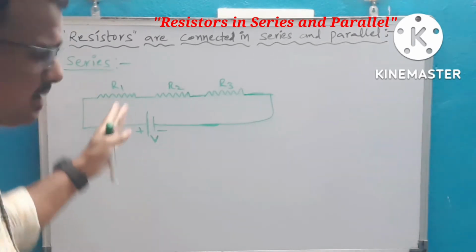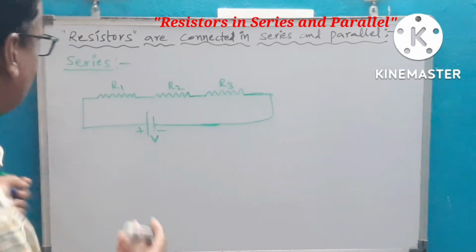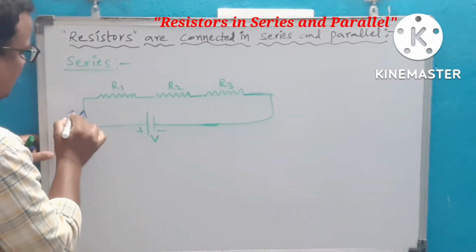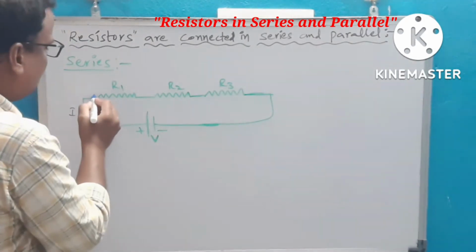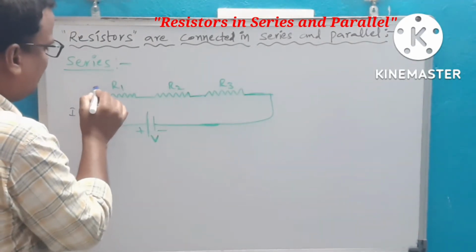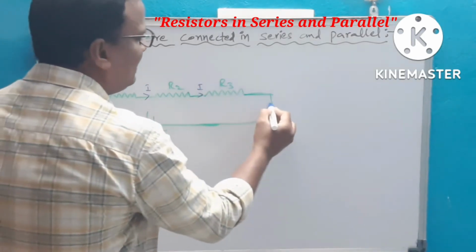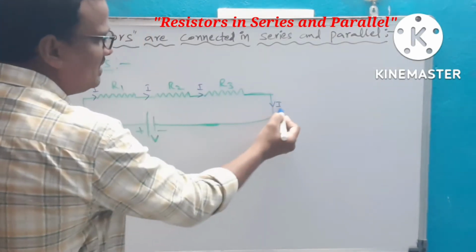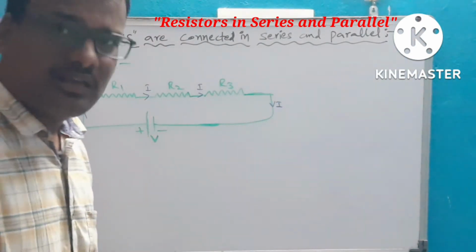Then from higher potential to lower potential, current will flow. The current flows from the battery, here I, here also I, and here also I, and finally the total current I returns to the negative terminal and the circuit is completed.